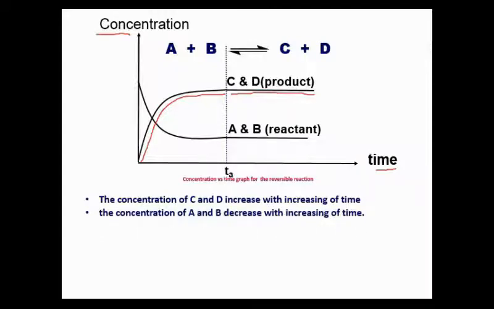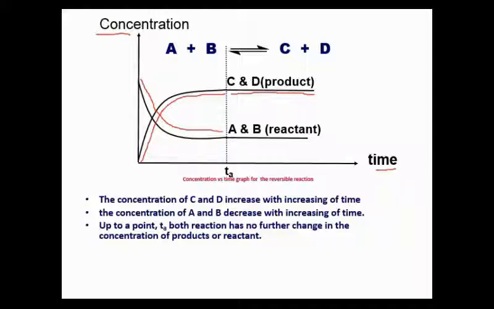And as the time increases, as the reaction proceeds, what will happen to A and B? The concentrations of A and B will decrease. So that is what happens in a reaction.